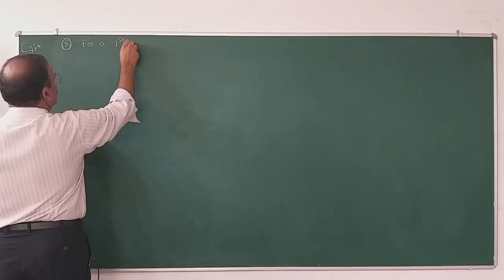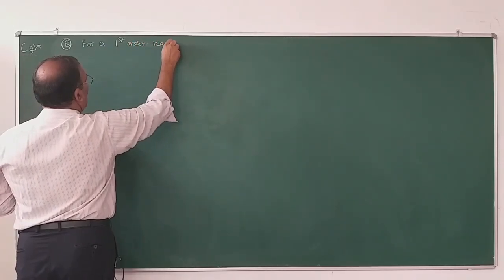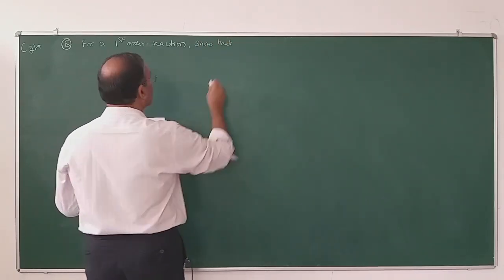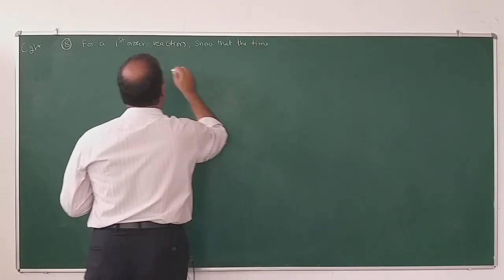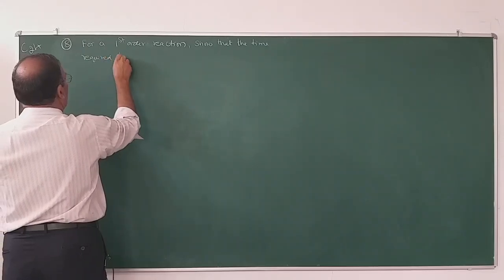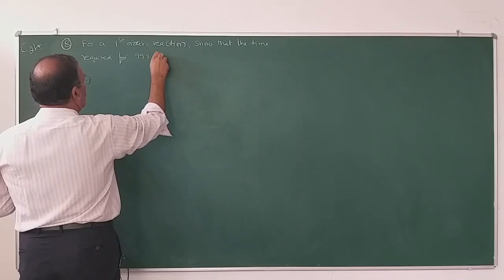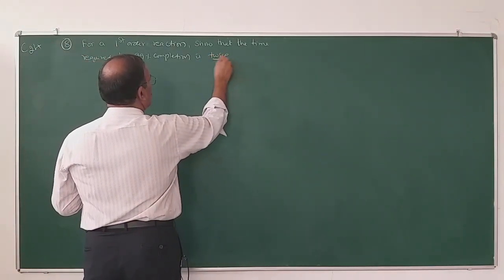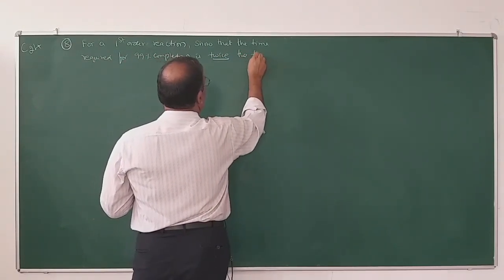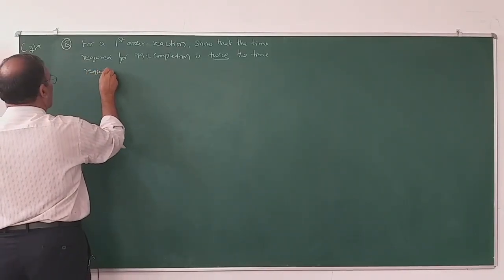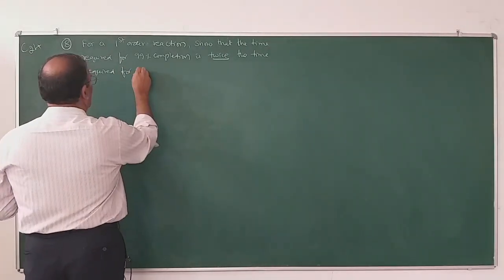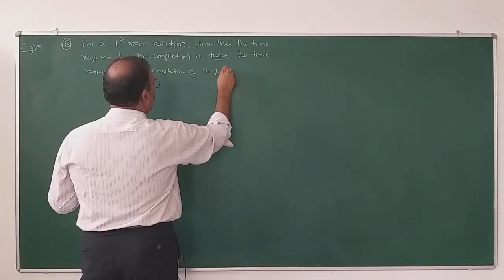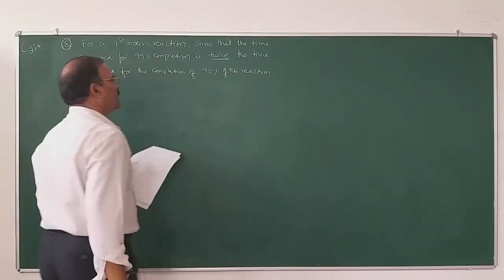For a first order reaction, show that the time required for 99% completion is twice the time required for the completion of 90% of the reaction.